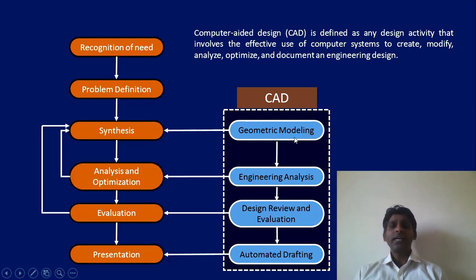We have CATIA, we have SolidWorks from Dassault Systems, and then we have Autodesk Inventor. Then we have so many softwares that can be used for designing and analysis, designing in the sense modeling, and then analyzing these particular products.